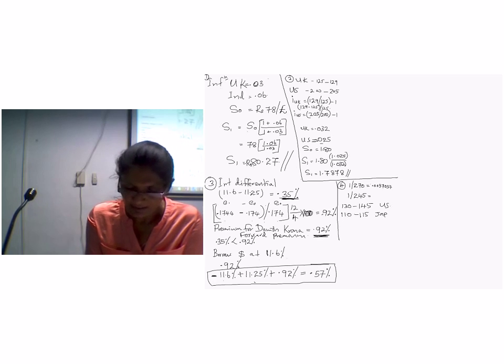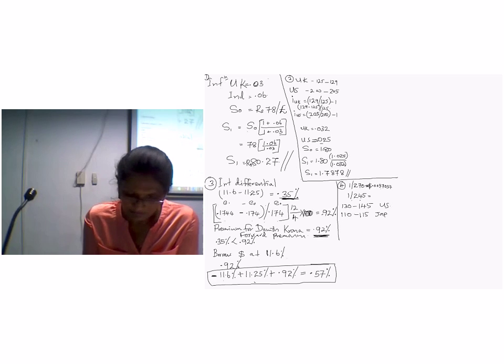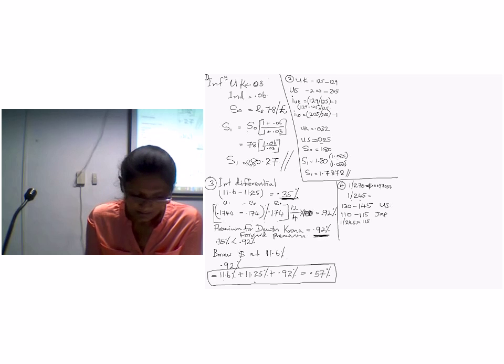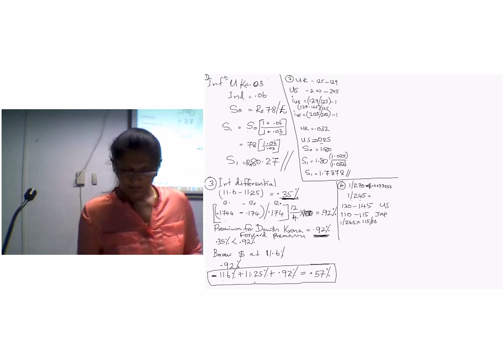We have to adjust inflation for the end of the year, because before this period we don't know what the inflation rate is. So we have to take the yen value of dollar like this, right? After 1 year, yen value of dollar is 1 divided by 245 times 115 divided by 110, right? 115 divided by 110 means end of the year value. This is the beginning value, right?